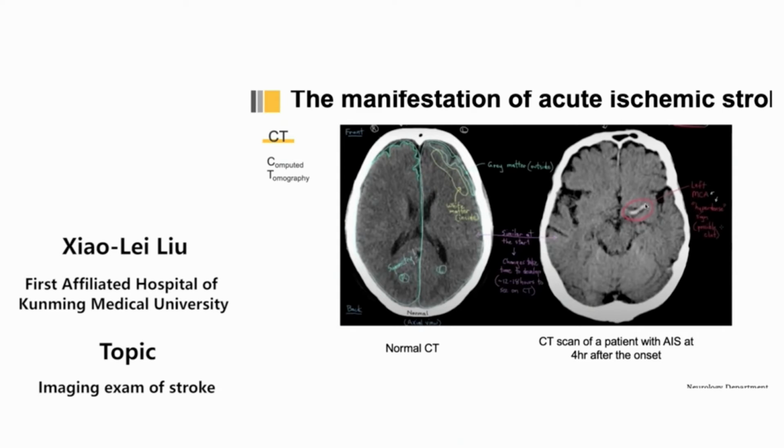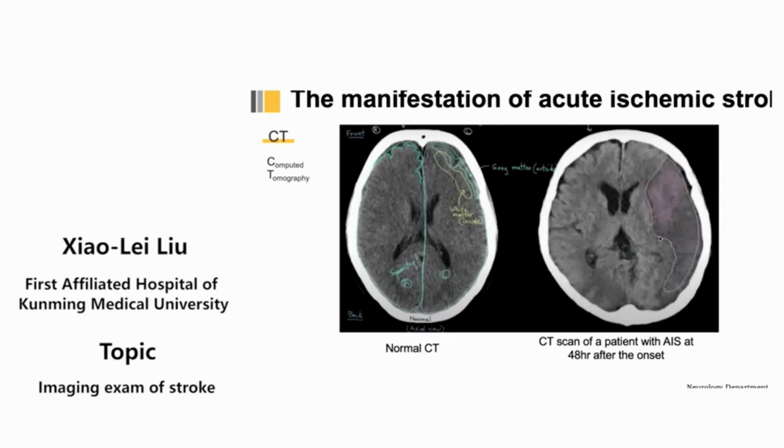It looks hyperdense. This is called the MCA hyperdense sign, middle cerebral artery hyperdense sign, which signifies that there is possibly a clot here causing the ischemic stroke. So one of the things that you can see on the early CT is a hyperdense sign.